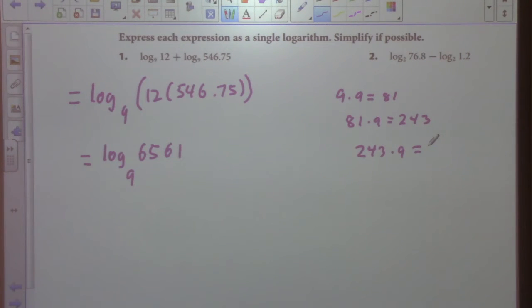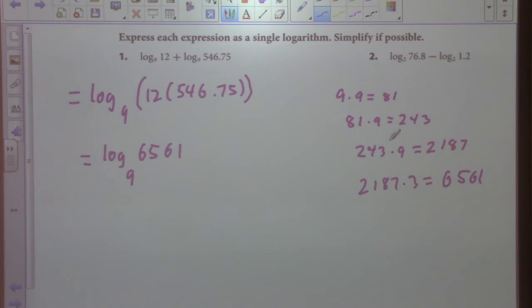And then this times 3 should be 6,000, right? Right. Equals 6561. So you can write this as a power of 3, can't you?